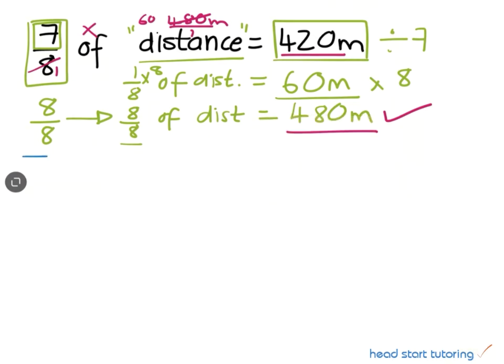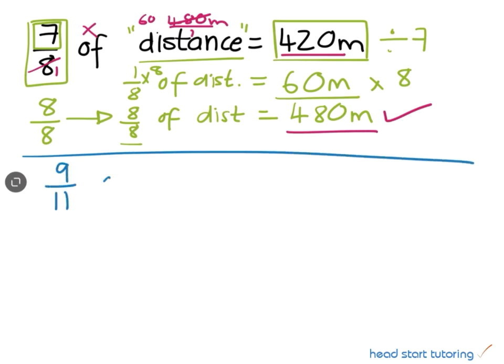Right, if we have a look at another example, 9/11 of a number, any particular number, there's no measurement attached to it, is equal to 108. What is that number?